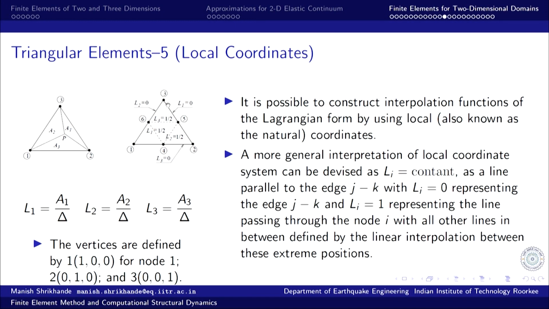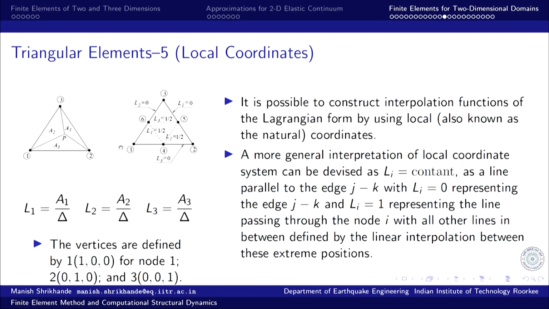So, this is the line for L1 being 0, and for node 1, L1 is 1. This L1 is the coordinate line parallel to this edge 2 3, and it goes from 0 at the edge 2 3 to 1 at the parallel line passing through node 1, and in between it varies linearly, it is interpolated linearly.